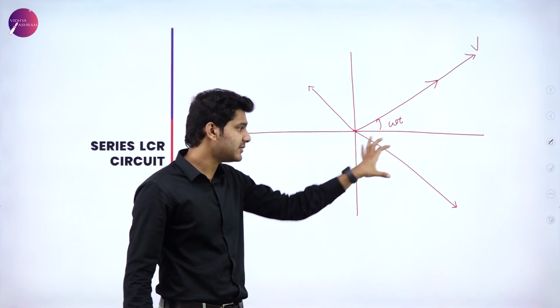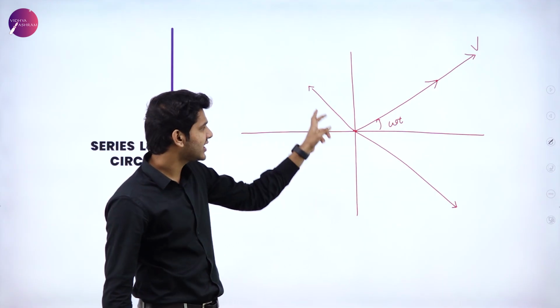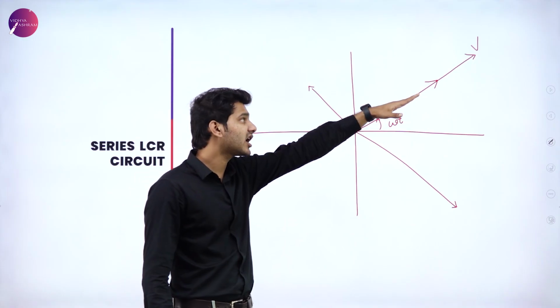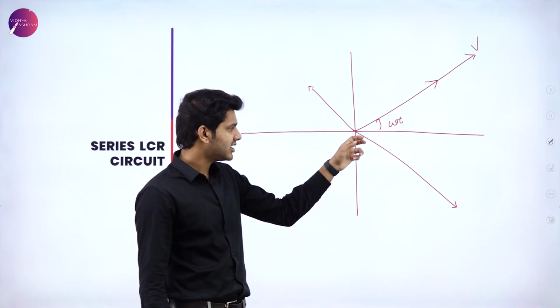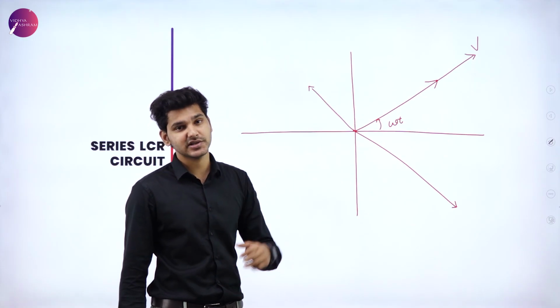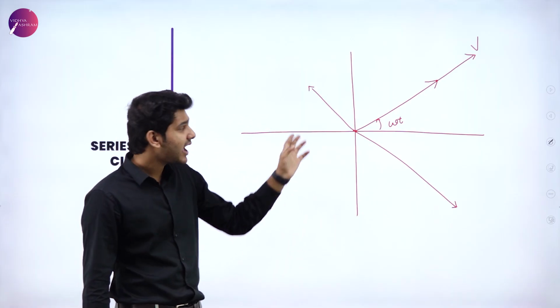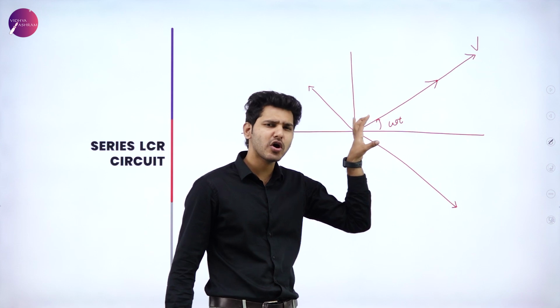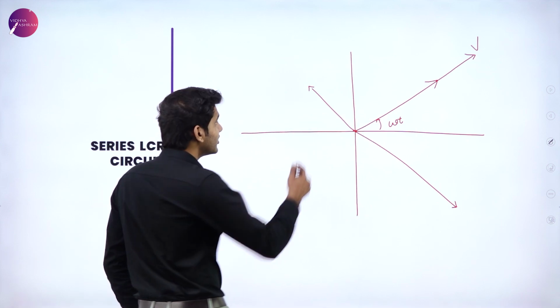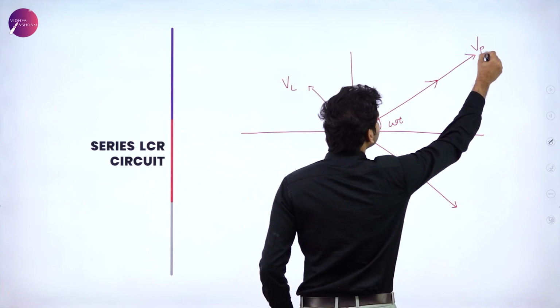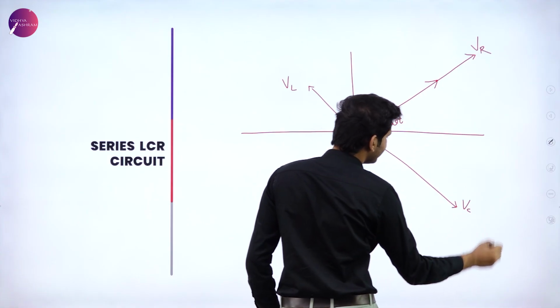So we'll get an image like this one. The angle between this one and this one is nothing but 90 degrees, which means current is leading by 90 degrees. Here, current is lagging by 90 degrees. So there is a capacitor and an inductive circuit here, and there is a purely resistive one. All together it is put here. So this will be VL, this will be VR, and this will be VC.